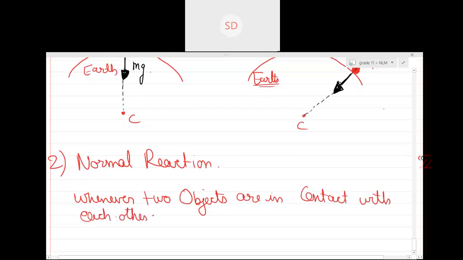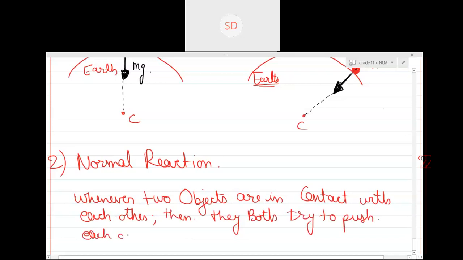If you remember, I told you this particular thing. So whenever two objects are in contact with each other, they both try to push each other away. This force is called the reaction force.